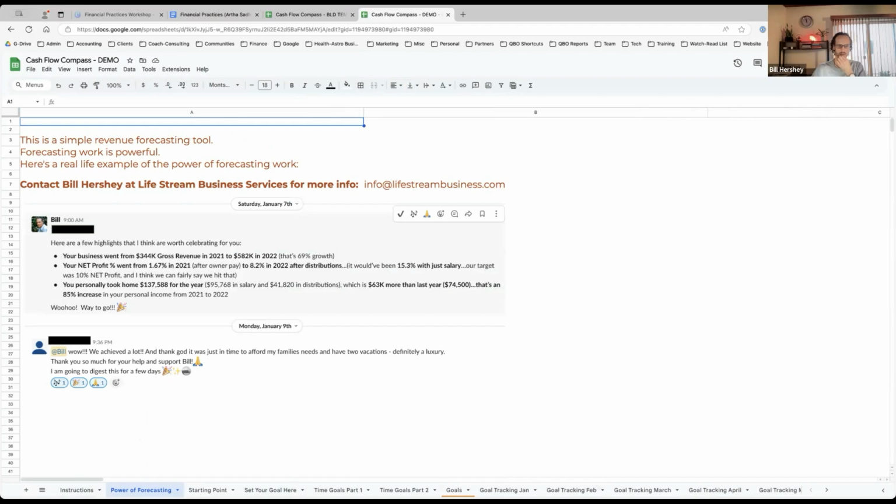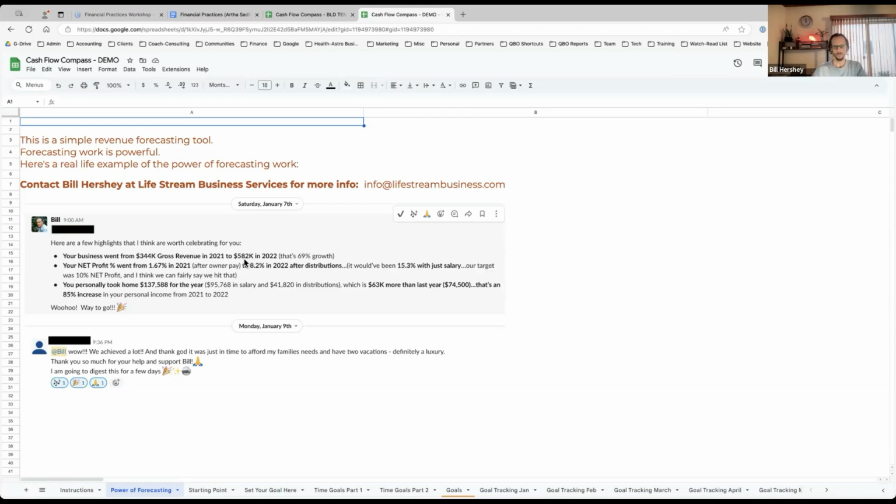So the second tab is really just sort of me explaining. This is an anecdote from a client who I've been helping, and this is actually from a couple of years ago. We essentially helped her grow from 344 annual gross revenue to 582 in a year. We made some pretty big decisions for her business that allowed her to make that dramatic jump.